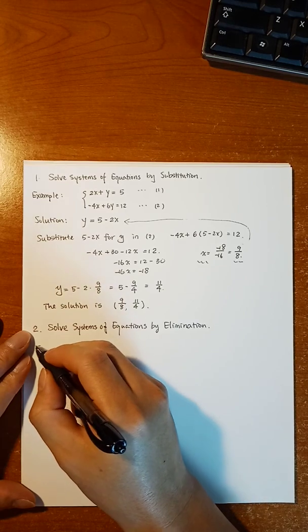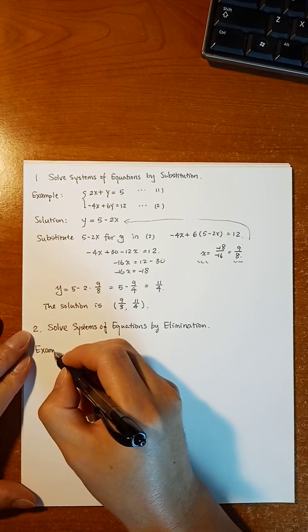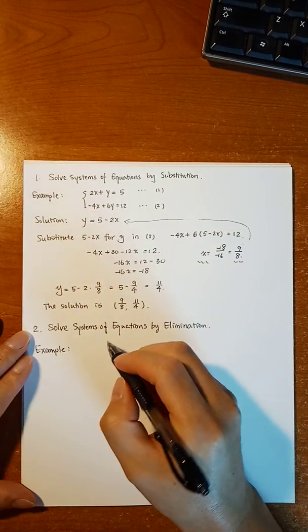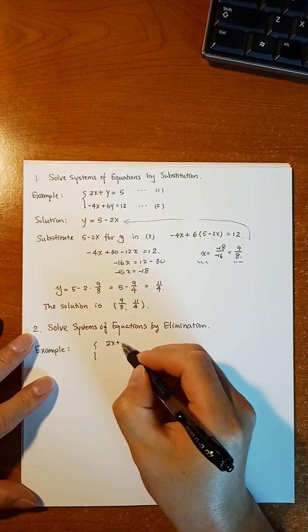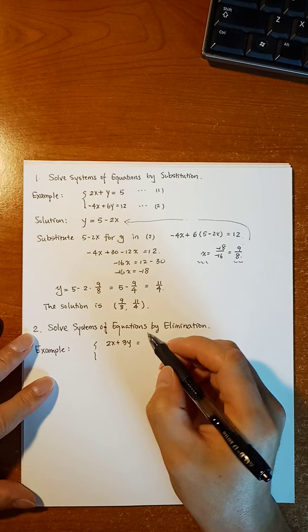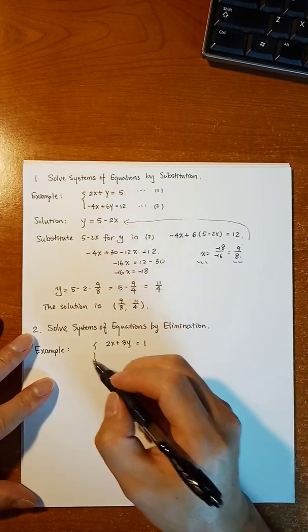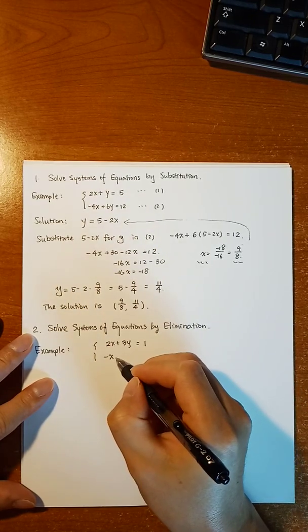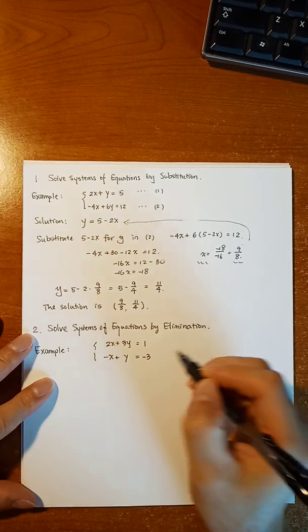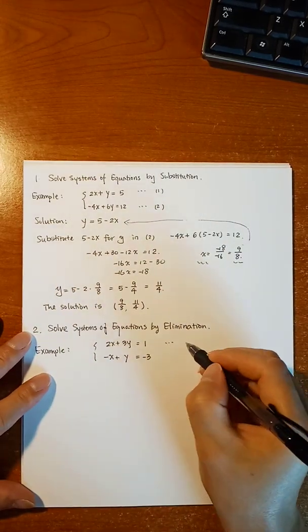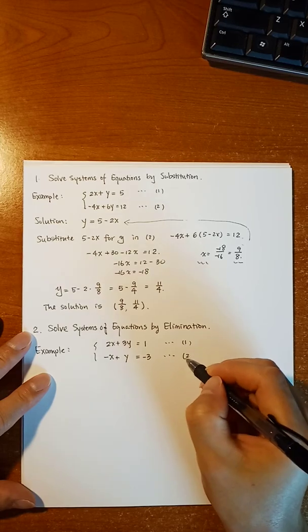Let's see the example. So we have 2x plus 3y is equal to 1, and negative x plus y is equal to negative 3. So equation 1 and equation 2.